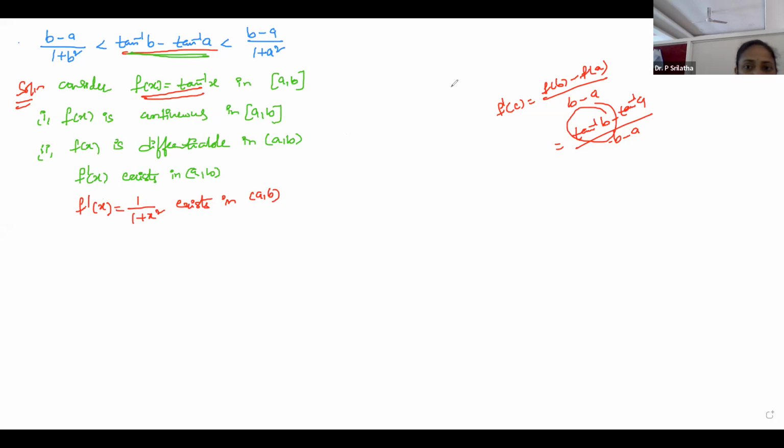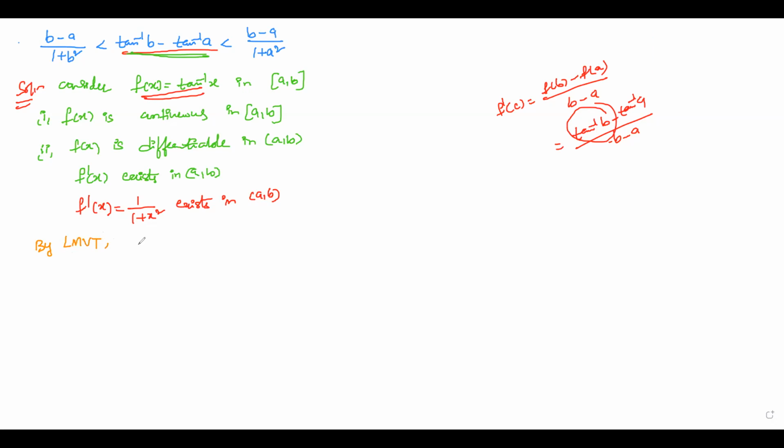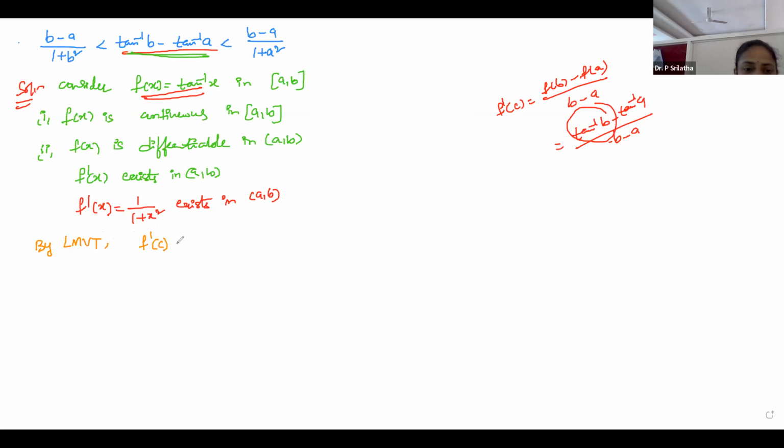Now by Lagrange's mean value theorem, what is the formula? f dash of c equals f of b minus f of a divided by b minus a, isn't it?